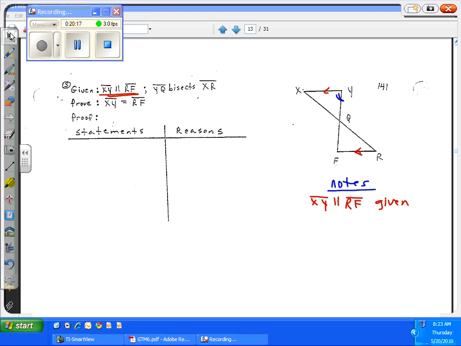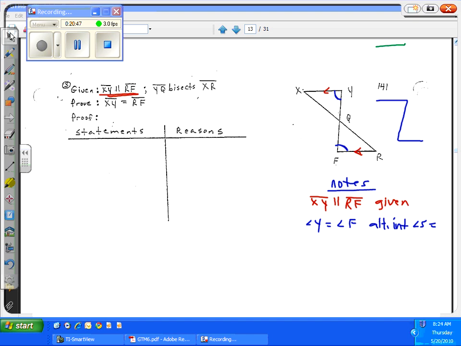Well, out of parallel lines, we get alternate interior angles are equal, corresponding angles are equal, same side interior angles are supplementary. So we get that angle Y is equal to angle F. You can see that they make the letter Z, so they would be alternate interior angles. So we're going to say that angle Y is equal to angle F because alternate interior angles are equal.